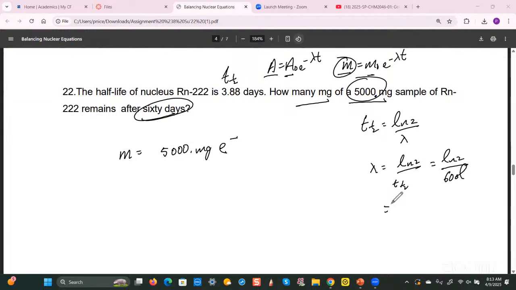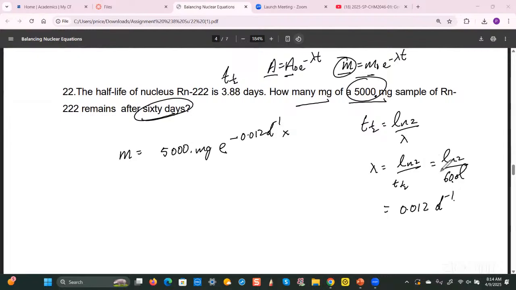So according to my calculation, this works out to be 0.012 days to the minus 1, assuming 2 sig figs. So that would go here where lambda should be. So that would be minus 0.012 days to the minus 1 multiplied by, no, wait a minute, I made a mistake.